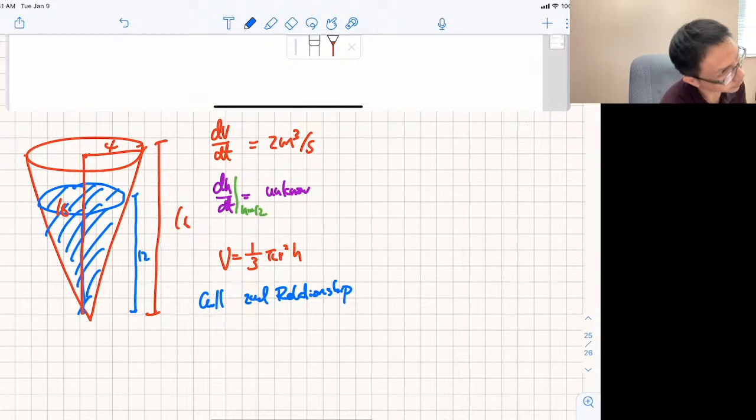You can tell when you turn your head sideways. No, not necessarily 30, 60, 90 here. Yes. Isosceles? No. It's not isosceles. This is a right triangle.